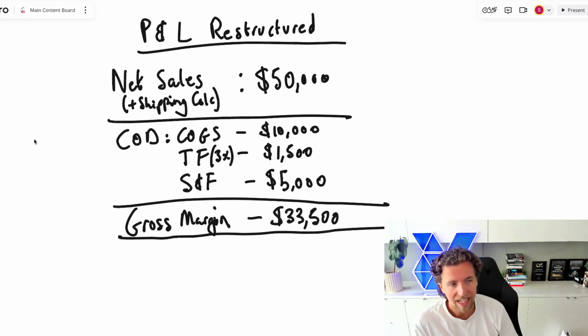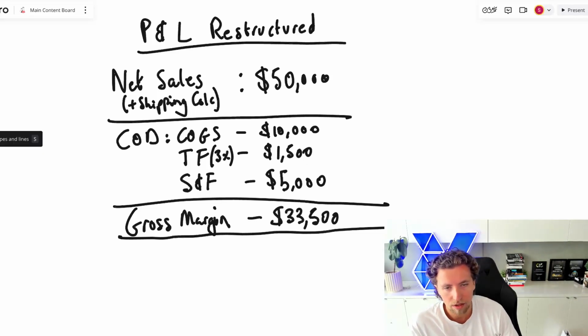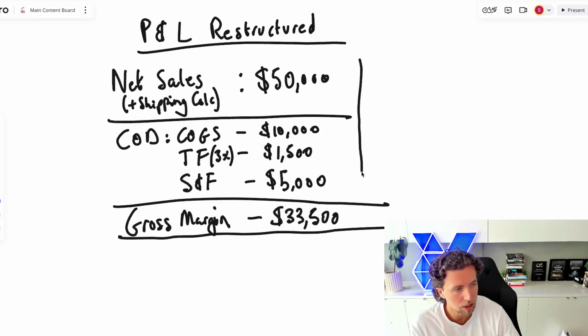Dollar figures isn't actually that helpful when you're trying to get a quick glance and do an analysis. And the reason being is, okay, shipping and fulfillment. Oh, look, if I look at transaction fees and I'm trying to quickly contextualize, is this high, is this low? I don't really know because I don't have percentages broken down. And so I would also recommend that every time you build a P&L, no matter how it is structured, you add an additional column in, which has all of the percentage figures.